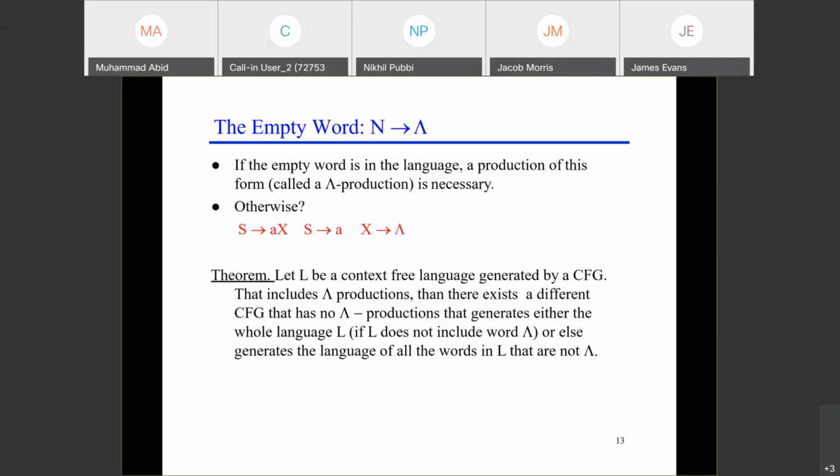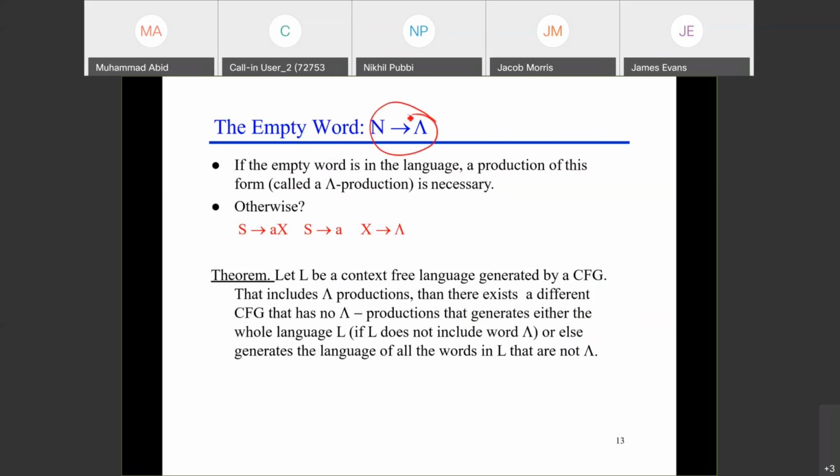So now we saw that lambda is not good. Lambda always creates a problem. It is not a terminal, it is not a non-terminal, and it does not satisfy the definition of either. So is it possible that you have a grammar and it does not have any production rule like this?